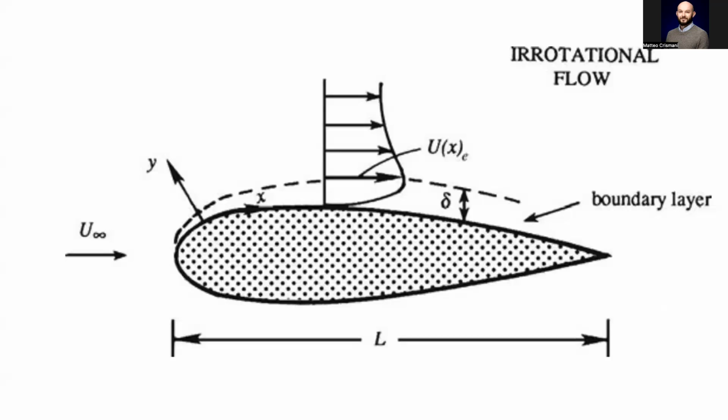Far away, we need to be able to ignore the fact that there's a wing there, because the presence of the wing does not communicate infinitely far away that there is a wing, right? So instead, there is a small transition region that is incorporated by the boundary layer, and then above that, a transition back to the free stream. It's not quite a boundary condition, but it's how we think about the problem as x goes towards infinity, moving away.